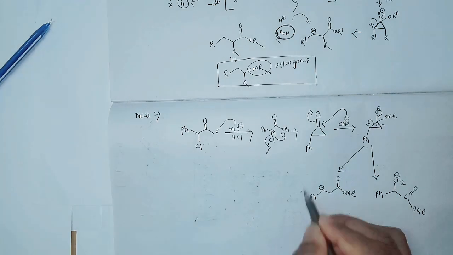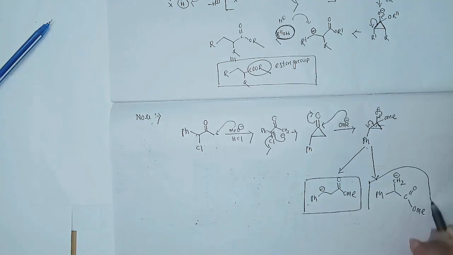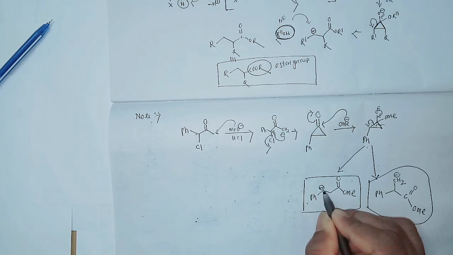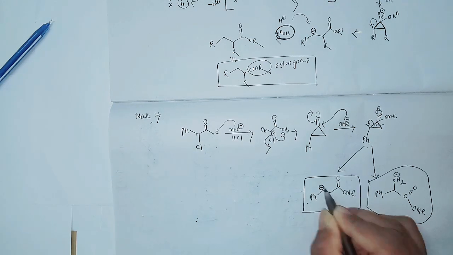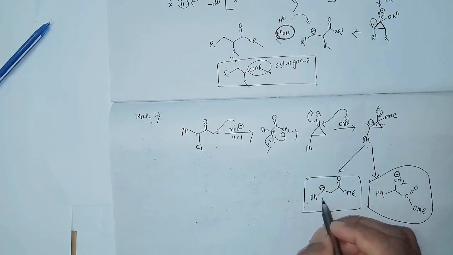So these two types of products can be formed. But we know that this negative charge, this carbanion, will be more stable than the other carbanion, because this is a phenyl group.